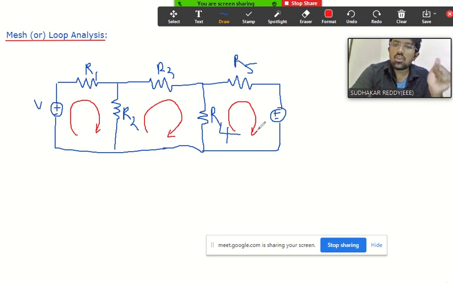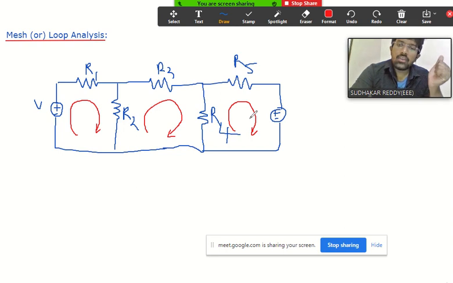So the first step in mesh or loop analysis is to identify the number of meshes. In this network we have 3 meshes: this is one mesh, another mesh, and another mesh.